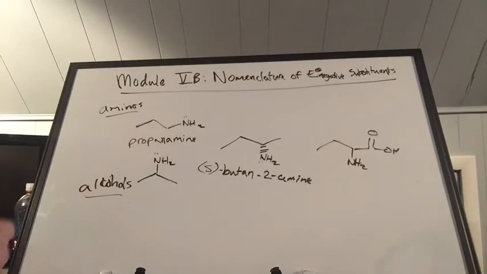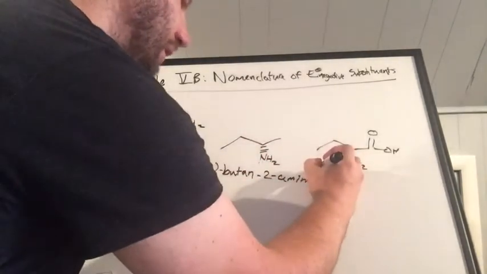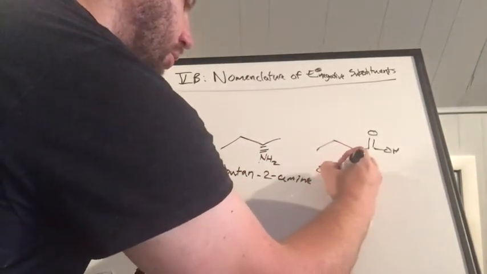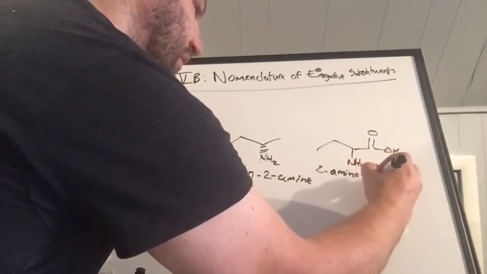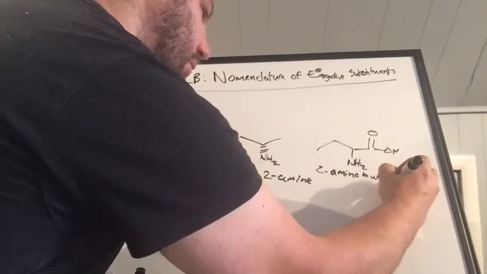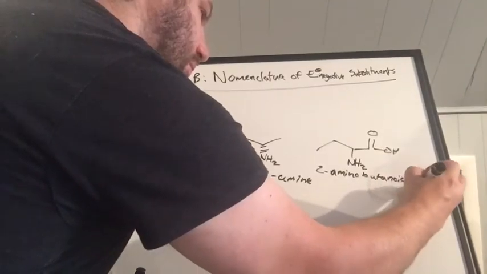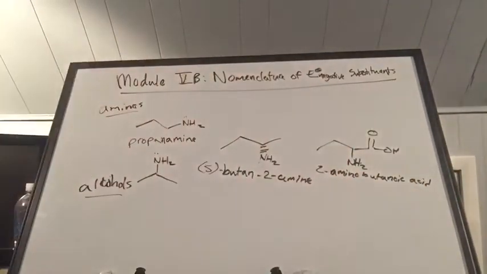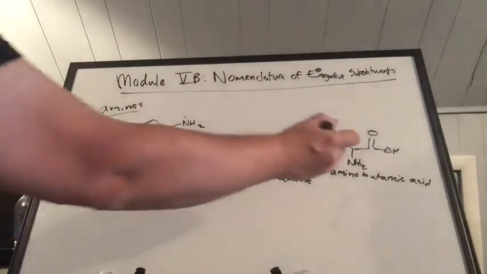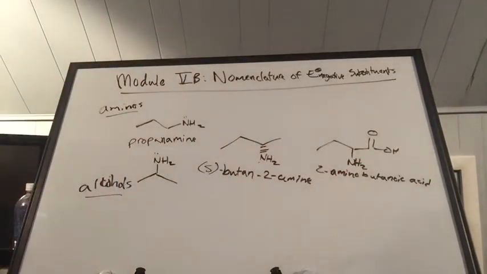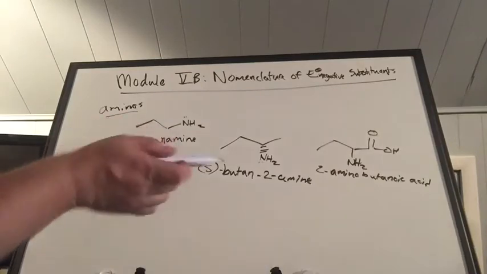So I would say this would be 2-aminobutanoic acid. We'll get into carboxylic acids in a little bit here. But I just wanted to say that if this isn't the highest priority, then it's going to be amino, not amine on the end, or part of the main chain group.